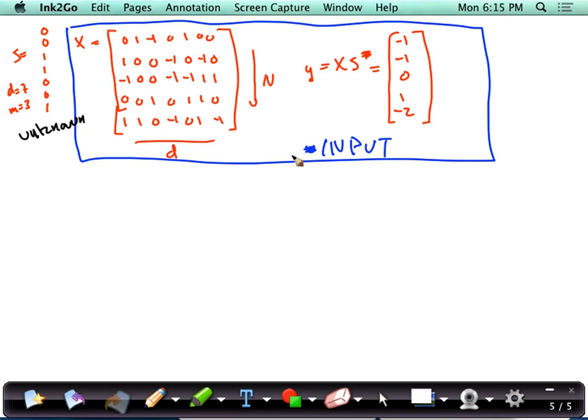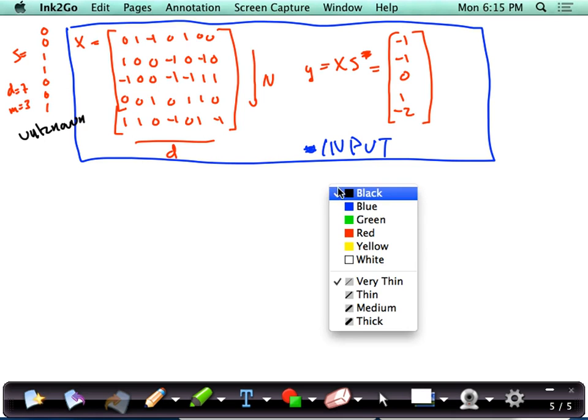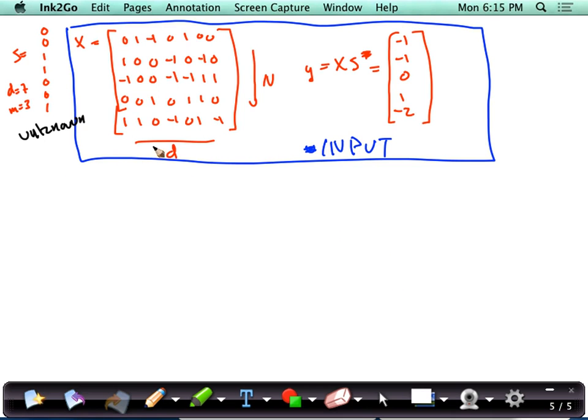So how am I going to do this? We'll talk about an algorithm called orthogonal matching pursuit. This is basically just a greedy algorithm for doing this.